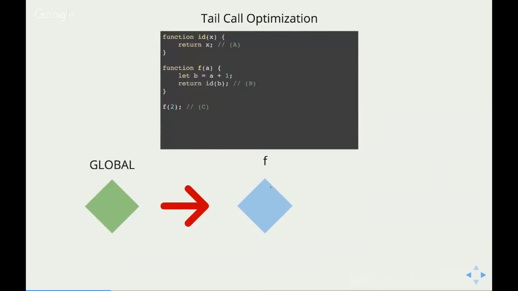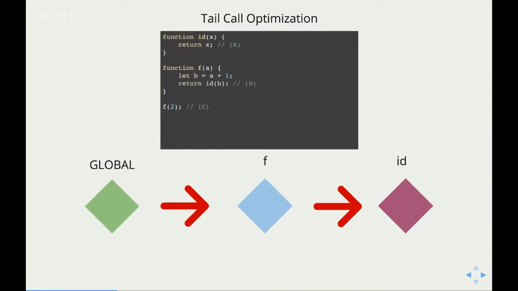And each function call produces another stack frame. So let's see, we're modifying some variables in function f, and now we're calling another function, id, at point B, and that results in the creation of another stack frame for the id function.